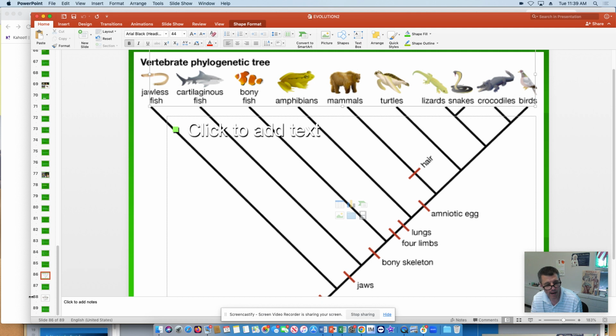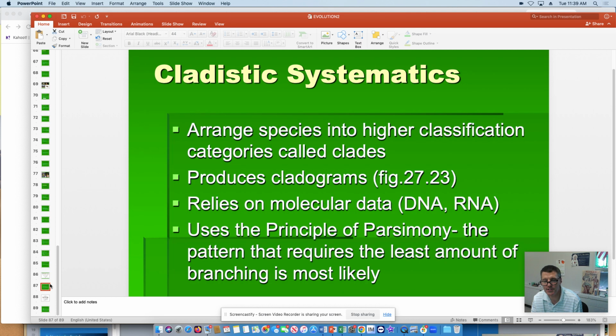Whereas in cladistic systematics, it's based on molecular data. So it's based on the DNA and RNA as far as arranging them by how closely they're related. They're placed in clades, and it uses the principle of parsimony, the pattern that requires the least amount of branching.